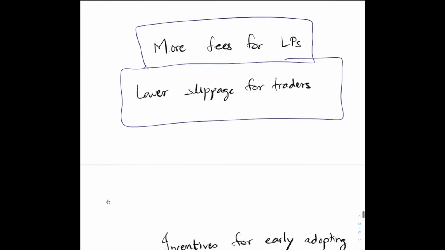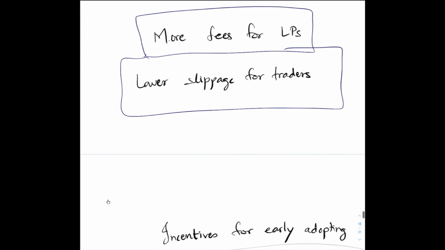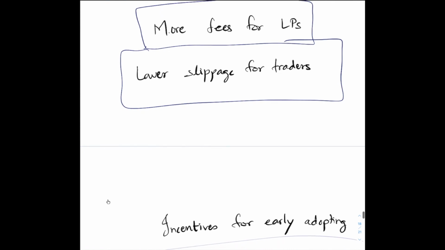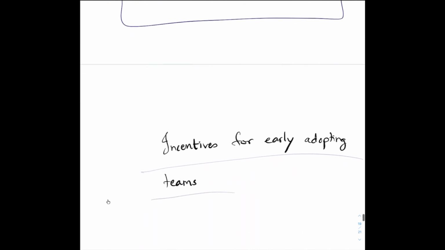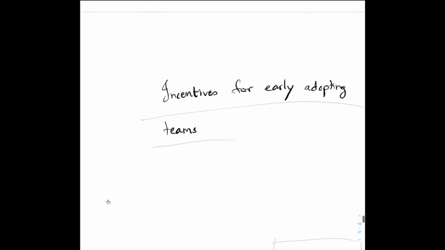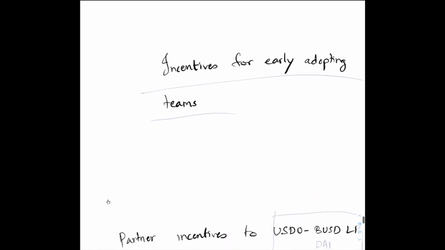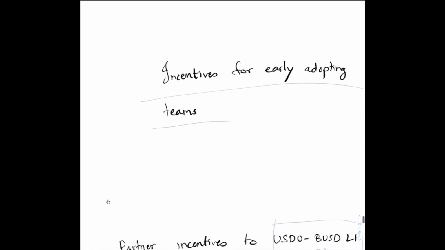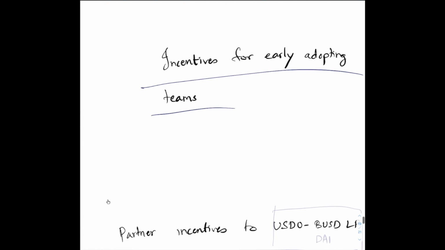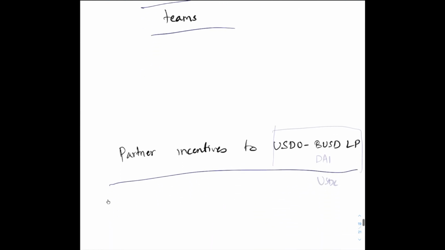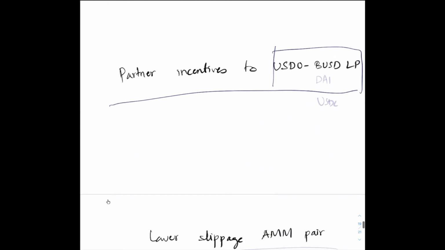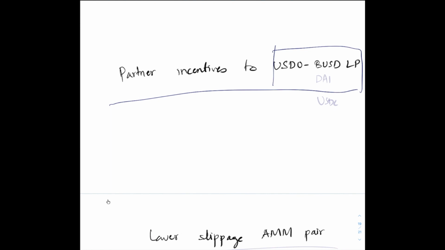So this is a clear USP for this kind of an AMM, and it also serves the purpose of ensuring that the USDO peg is maintained by building native demand and liquidity for USDO. So we are going to provide incentives for early adopting partner teams. Partner incentives will be used to incentivize the USDO BUSD LP, which again should boost the liquidity for USDO.